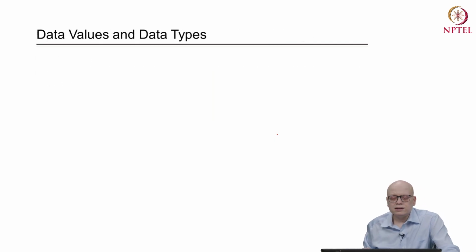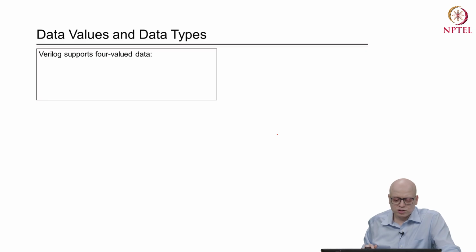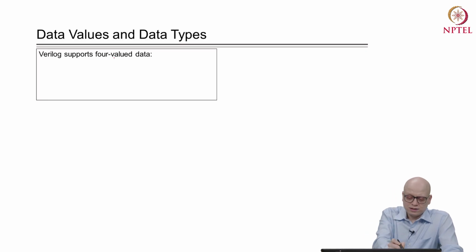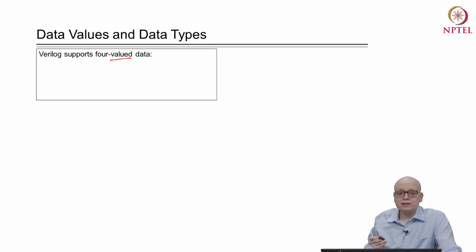Now, let us look at what the data values and data types in Verilog are. Verilog supports 4 valued data. This is an important thing, because typically we associate digital circuits and digital systems with binary values, meaning 0 and 1, but Verilog supports 4 valued logic.